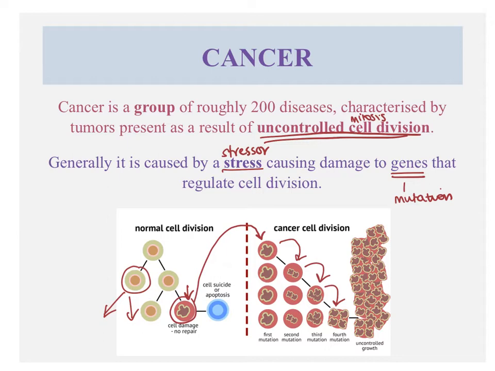The body's still just like, yeah, we'll keep going mitosis. Yeah, that's cool. And eventually it gets to the stage where we've got uncontrollable cell growth. And this is where we get a tumour. This is what a tumour is. That hard ball of cells is just a massive clump of uncontrollable cells that have divided.